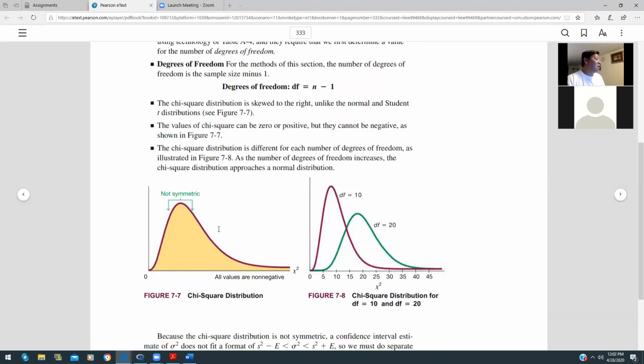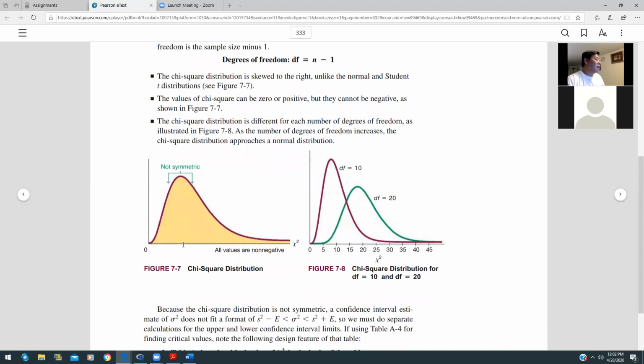This is what it looks like as a chi-square distribution, the yellow one. It is skewed to the right and not symmetrical. Notice that all these values down here are non-negative, meaning you cannot have a negative value. You can have 0 or positive. So your test statistic and your critical value are all inside this region, and they will all be positive in this case.